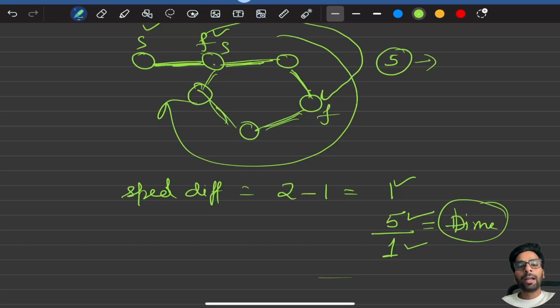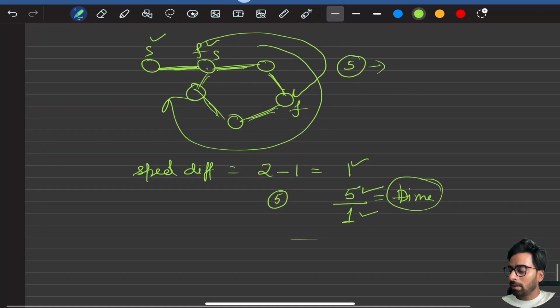Initially we assume they are at max, 5 distance apart, so they have to cover the whole cycle. They will need that much time, like 5 length, whatever the cycle length is. Whatever the cycle length is, that many iterations will be needed for them to meet, right? We'll see that in action as well.